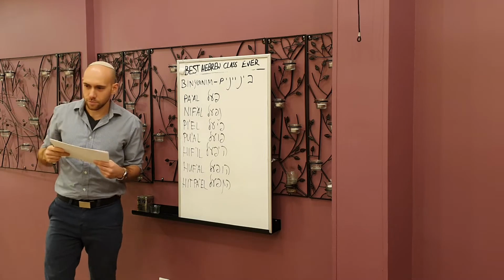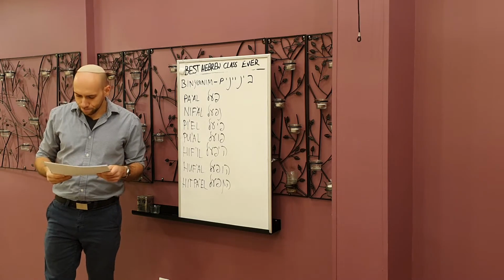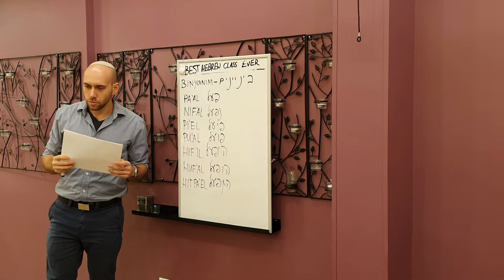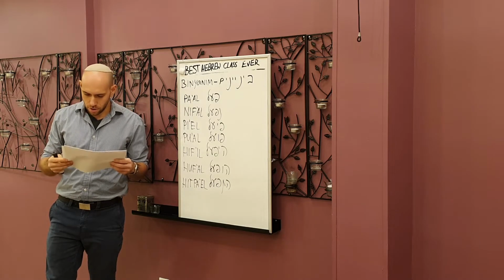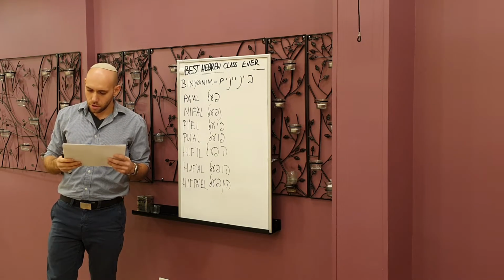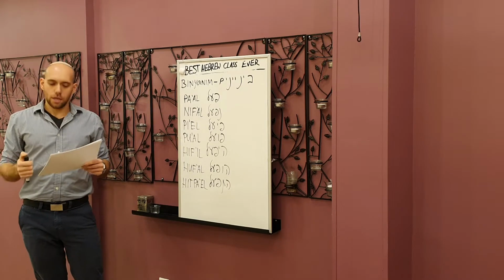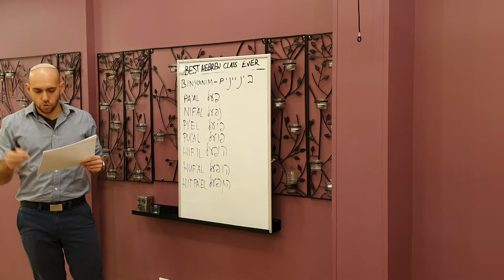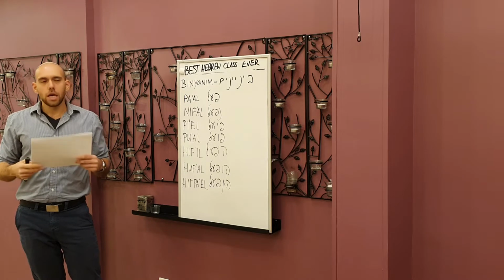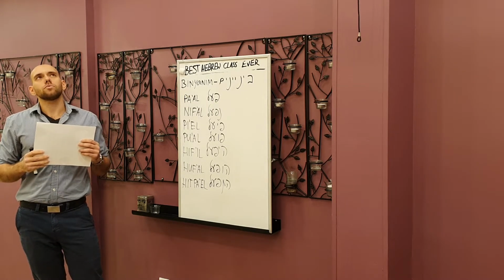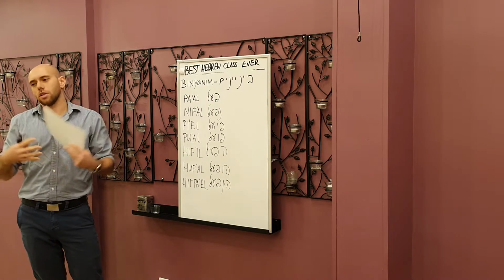How do we get, wouldn't this be reflexive? That's right, reciprocal. What it means is lehitahev means to fall in love, because it's when 2 people fall in love.